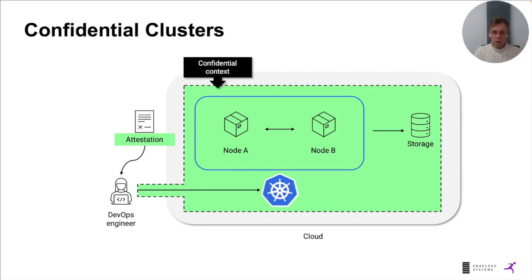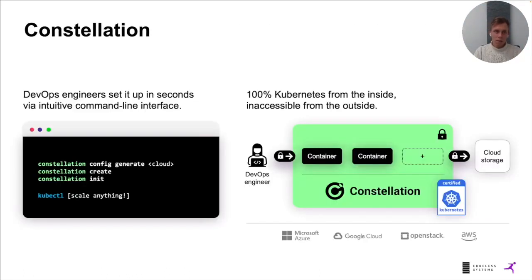One project that implements this is Constellation. It's an open source Kubernetes distribution that is built around the concept of confidential computing. That means it isolates entire Kubernetes clusters from the infrastructure, but inside they're just regular Kubernetes. So they are Kubernetes certified.